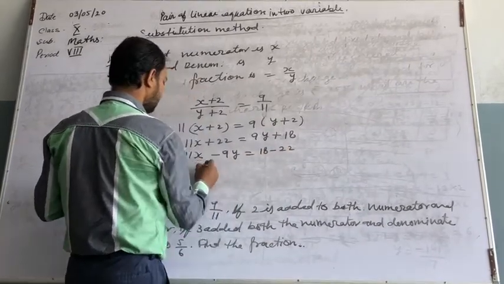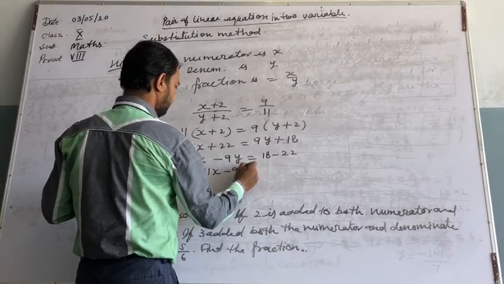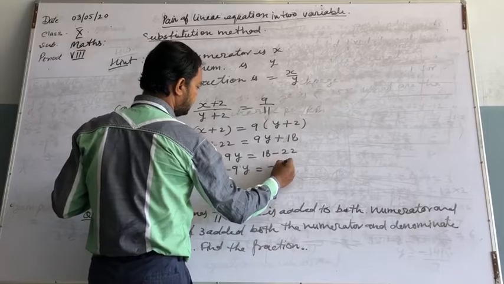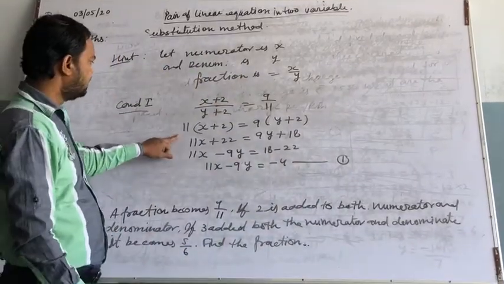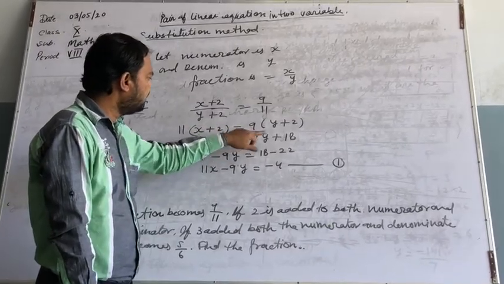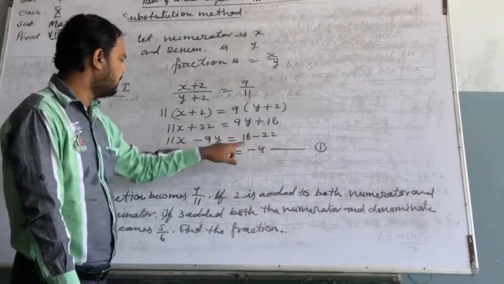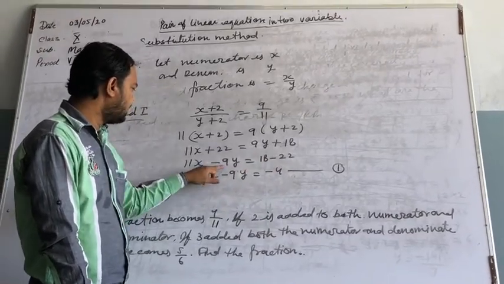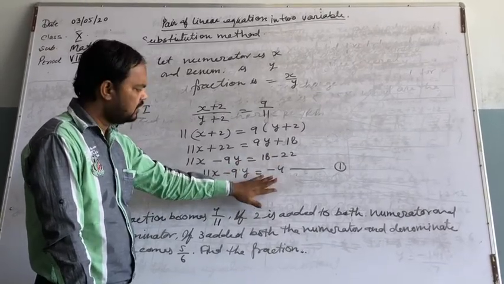You will get 11x minus 9y equals minus 4. This is equation number first. This is the first equation.